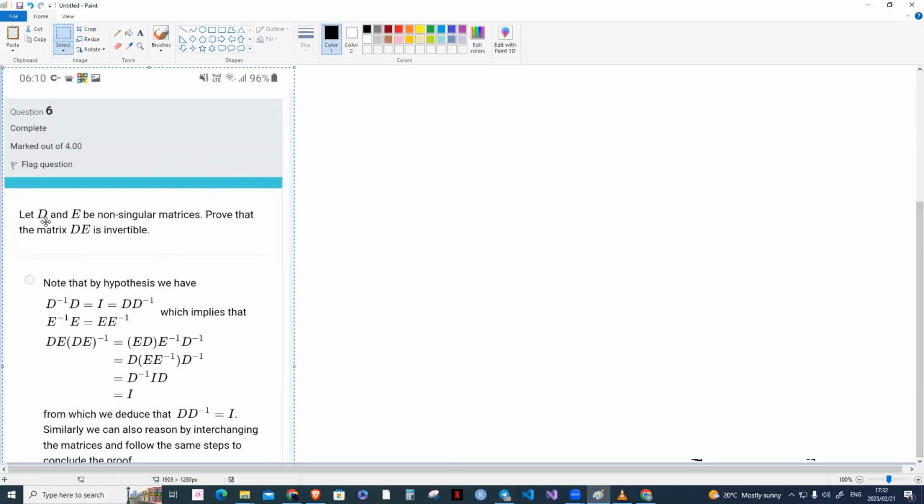So this question says let D and E be non-singular matrices. Prove that DE is invertible. So basically you have a situation here where D and E are invertible.